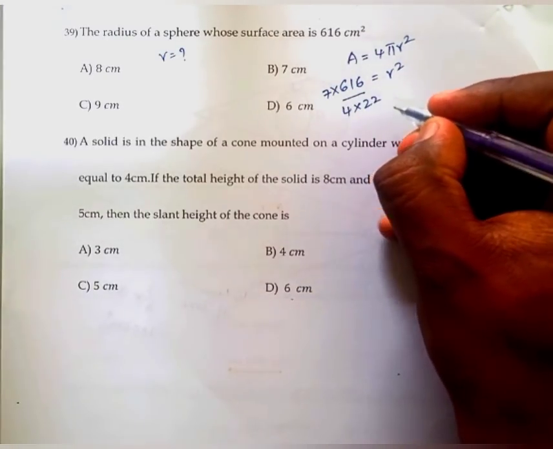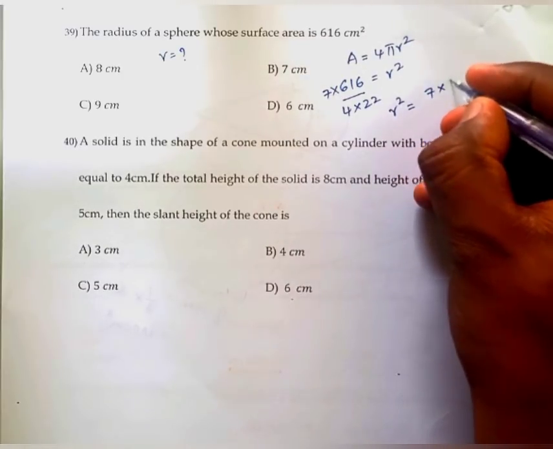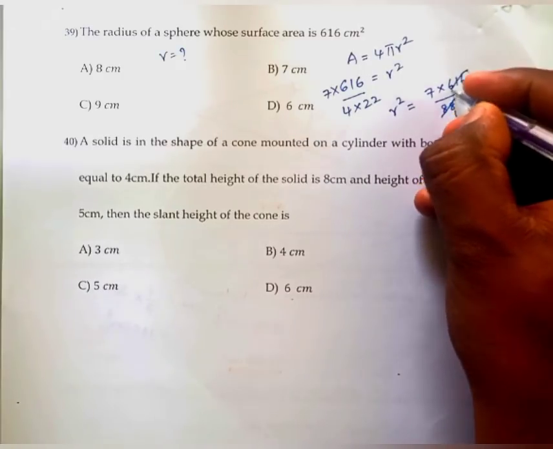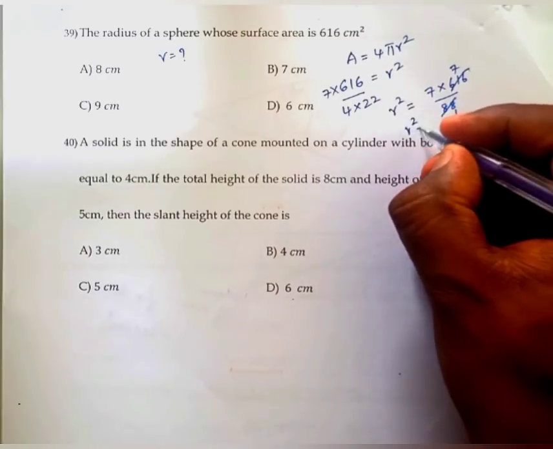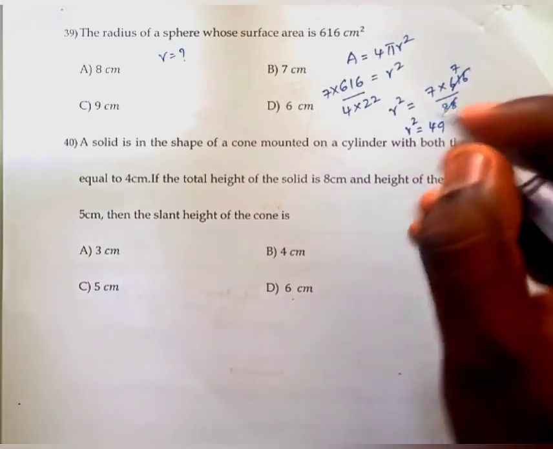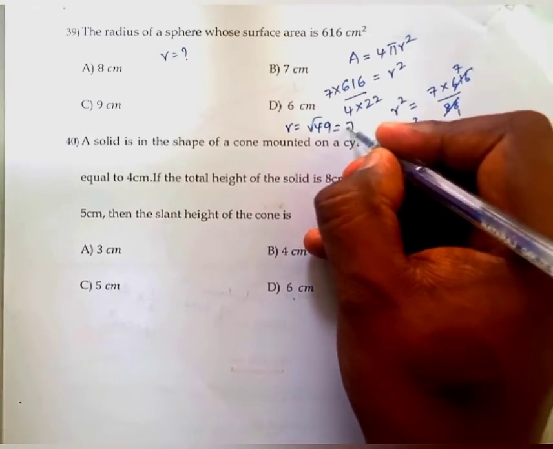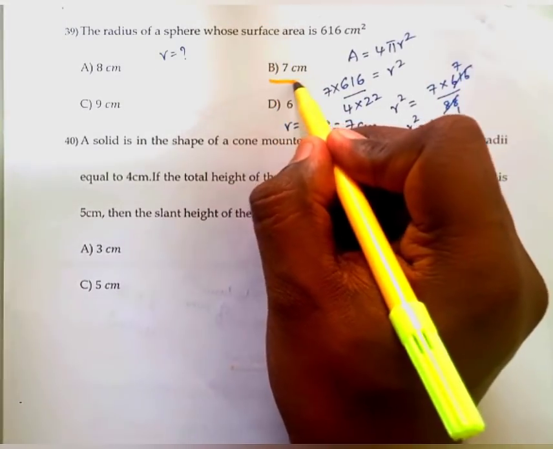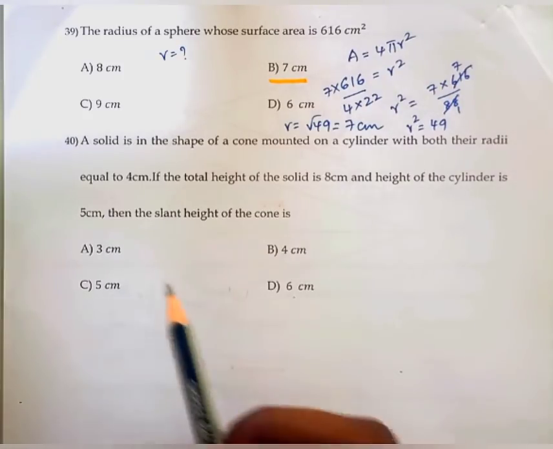Now r square equals 7 into 616 divided by 4 into 22. 4 times 22 is 88. 616 divided by 88 is 7. Therefore, r square equals 7 into 7. R equals square root of 49. R equals 7 centimeter. Therefore, the correct answer is option B, 7 centimeter. Be a little bit cautious when you're solving this kind of problem from the unit surface areas and volumes.